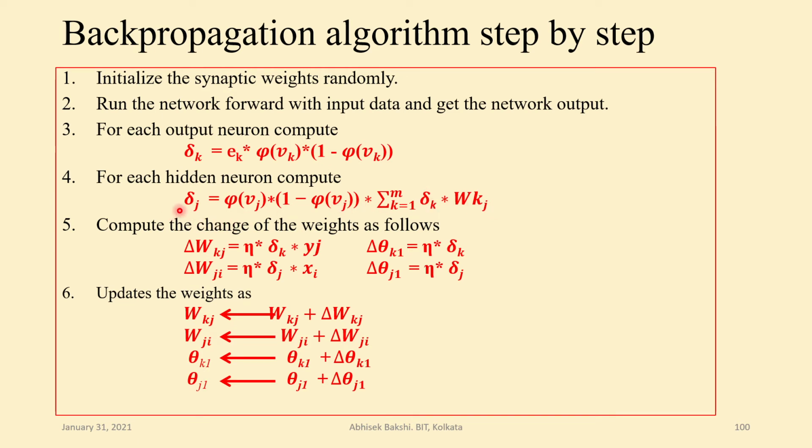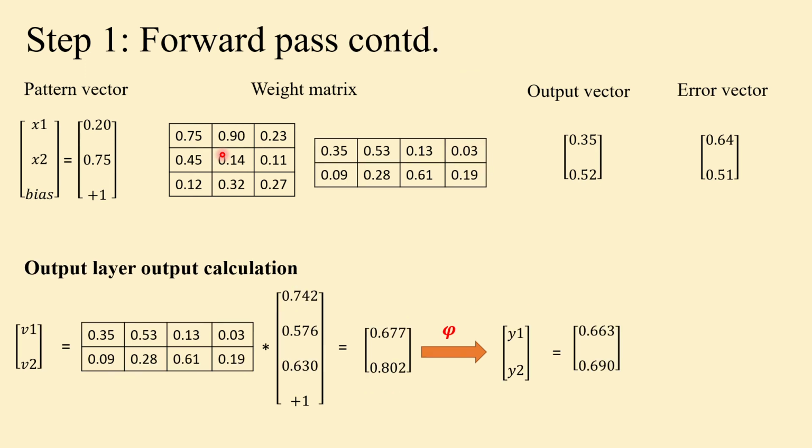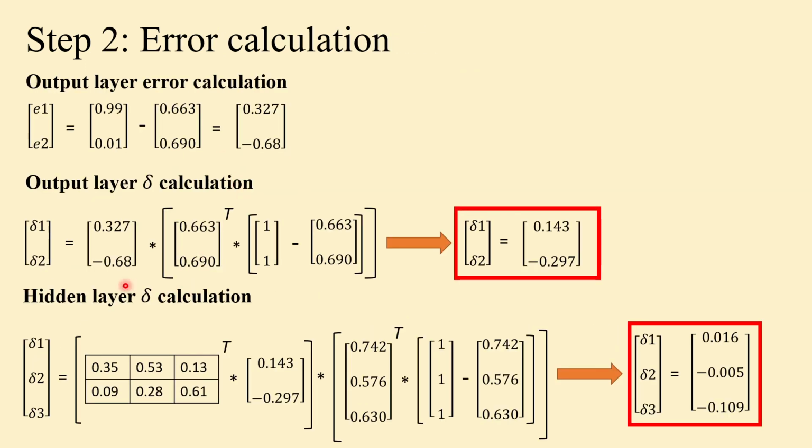I'm sorry, this is for delta j, but I have to calculate delta k first. So this one we have to calculate first. It is just a simple matrix multiplication by which you can find these deltas, so these are delta k, the delta for the output layer.